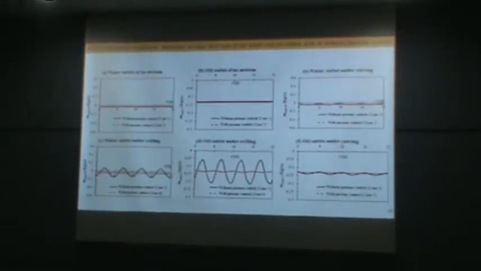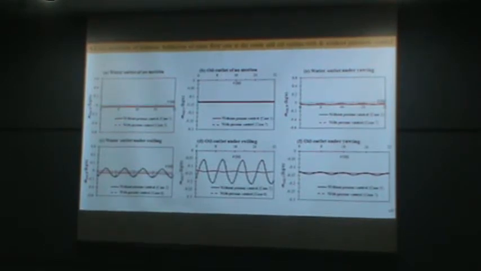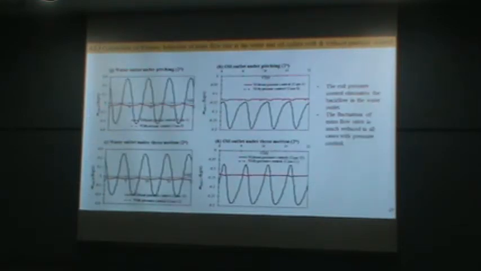Here is the comparison of dynamic behavior of outlet mass flow rate at the water and oil outlets with and without pressure control. This case is for no motion, rolling and yawing motion, the red dashed line for with pressure control. And this case for pitching and three angular motion, we can see the outlet pressure control eliminates the backflow at the water outlet.